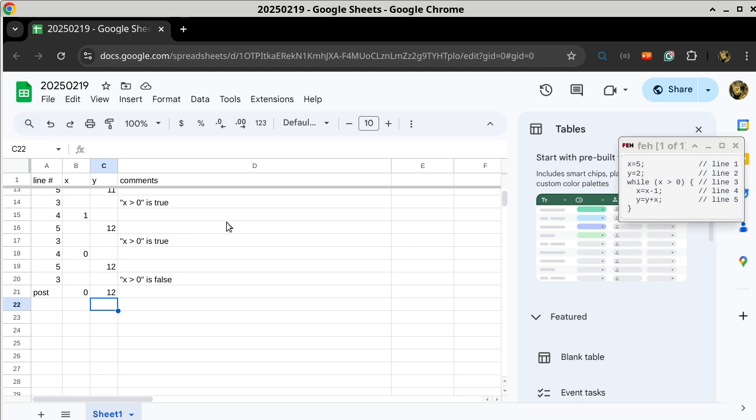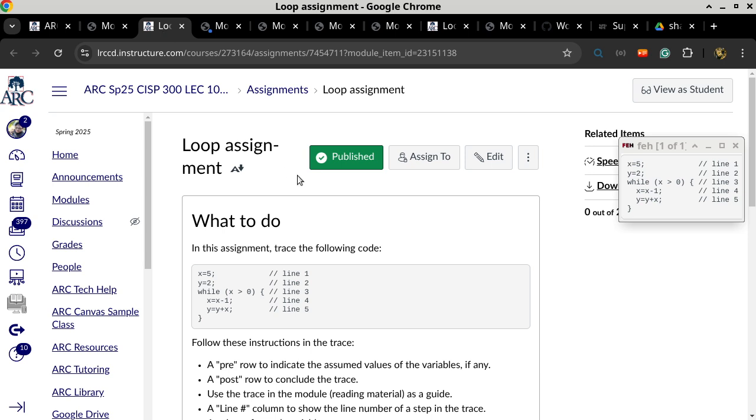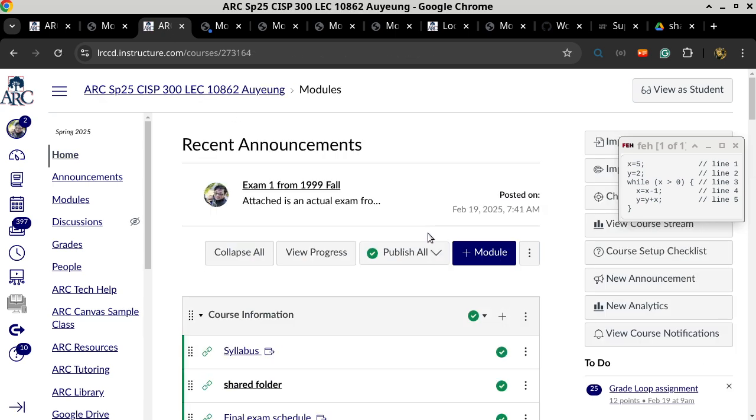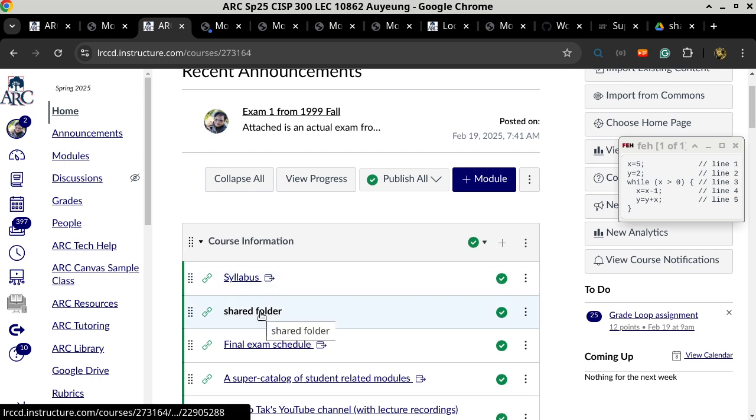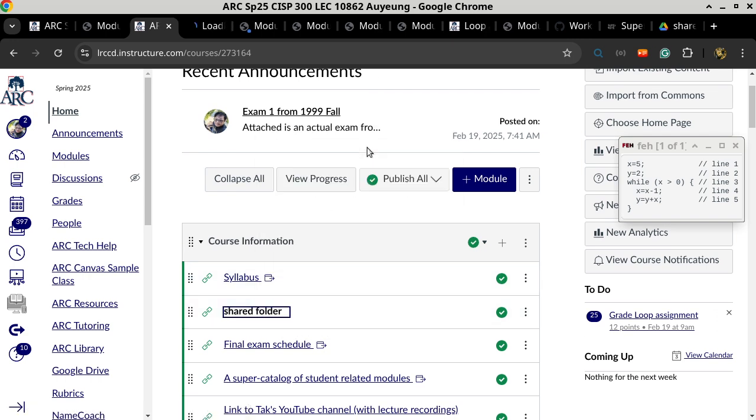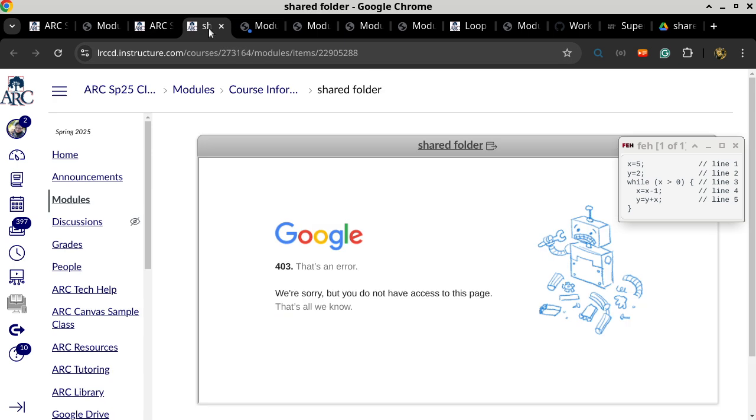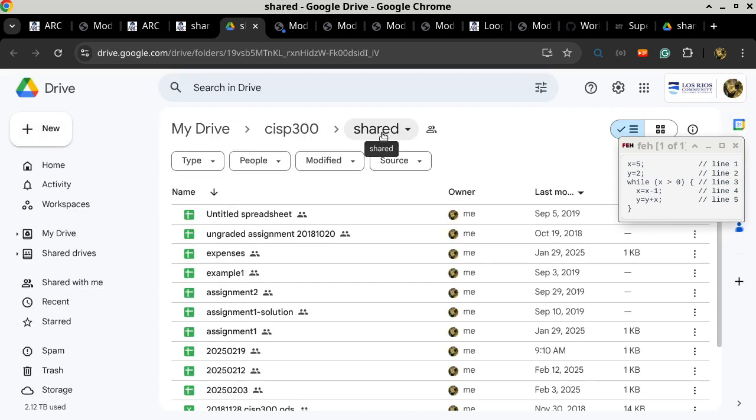Yes, go ahead. The shared drive, I don't know whether the link is working or not. So let me close this tab first. If you go to the top of the Canvas shell, there's a link to the shared folder, but sometimes it doesn't work. In this case, it does work. So you just click on share folder and that's where you find all the files.